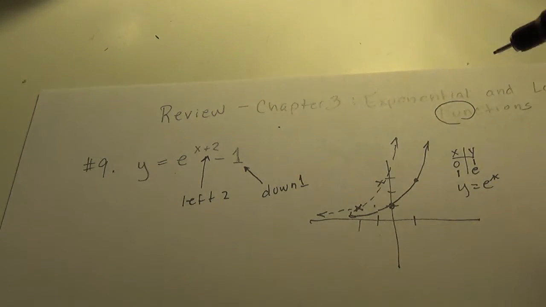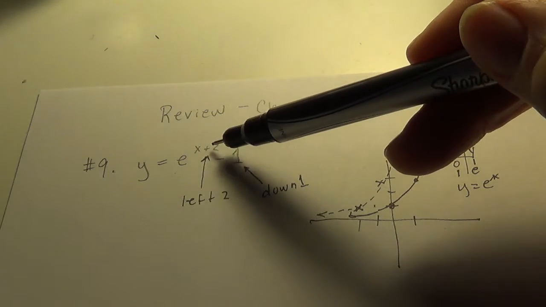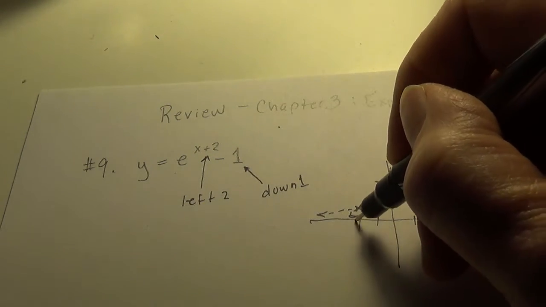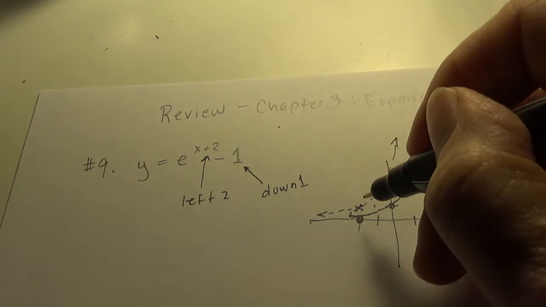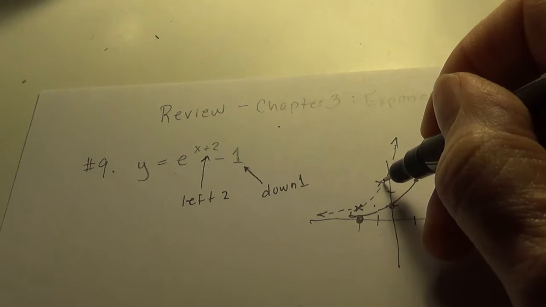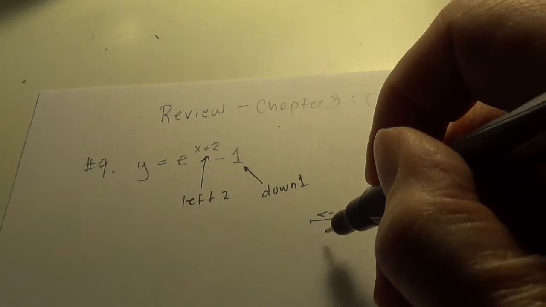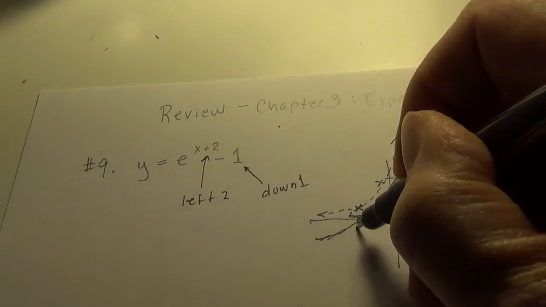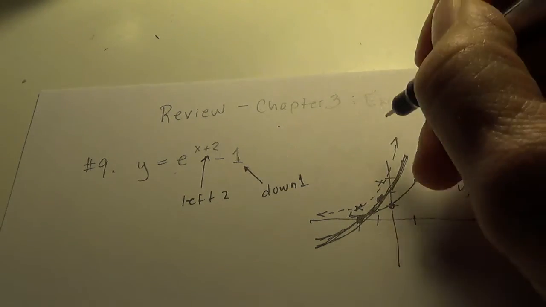Alright, so now I've moved that whole function to the left 2, as commanded by this, and now I have to drop it down 1. So this point will now be here, and this point drops down 1. So I'll make a very thick graph for the final one right there.